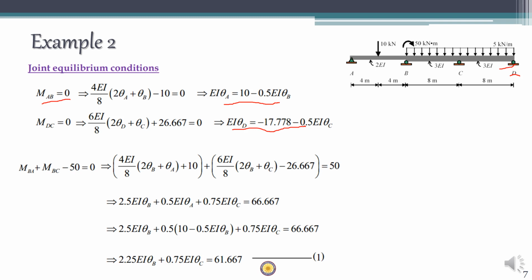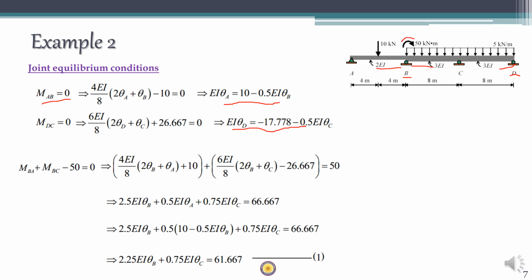The next joint equilibrium condition we are going to use is at joint B. At joint B, the sum of all the support moments should be equal to 0. At joint B we have MBA and MBC, as well as an additional clockwise moment of 50.